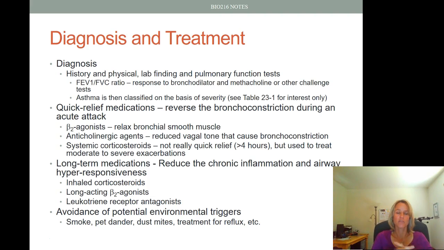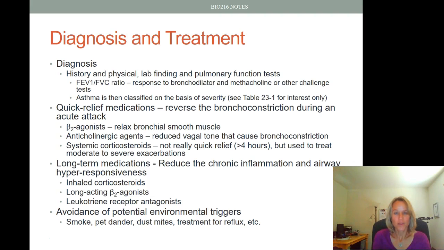Another thing, and this was more the definitive diagnostic test, was to do a methacholine or other challenge. So methacholine is a chemical that we give in small doses through an inhaler, starting with the lowest dose, and then we check their breathing, and then we give successively higher doses, and we would look for a 20% drop in the FEV1 to FVC ratio.